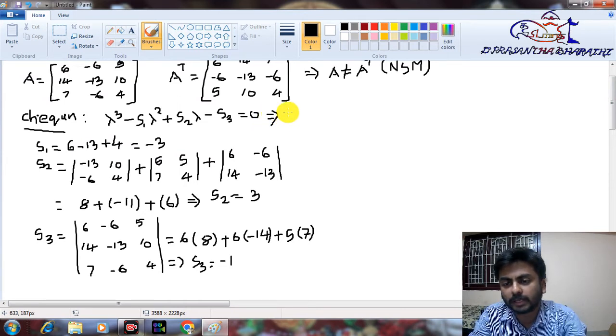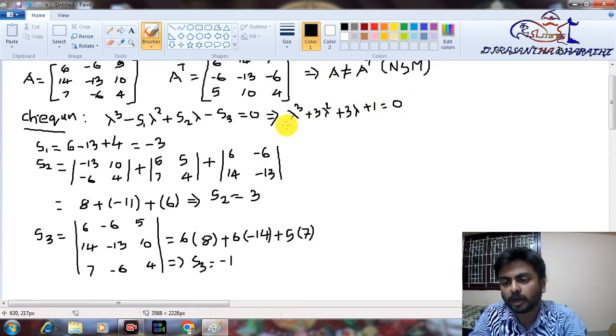We will get the characteristic equation as lambda cube, minus of minus 3 will become plus 3 lambda square, and after that plus S2 lambda, so it is plus 3 lambda, and after that minus S3, so it is plus 1, equal to 0.